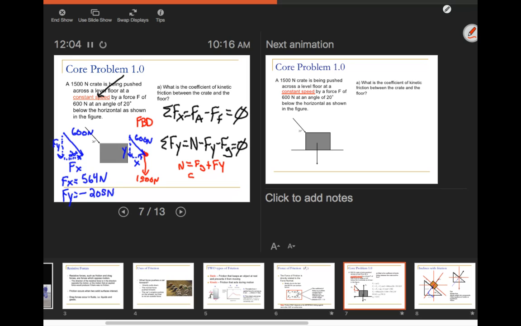Let's figure out what the normal force is. The normal force will be 1,500 plus 205.